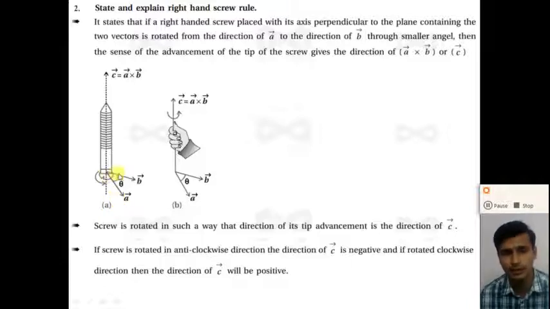So the direction of b cross a is the downward direction, right? So understand here student. The screw is rotated in such a way that the tip advances in the direction of C, that is a cross b. So the advancement of the tip of the screw is in the direction of a cross b, right?